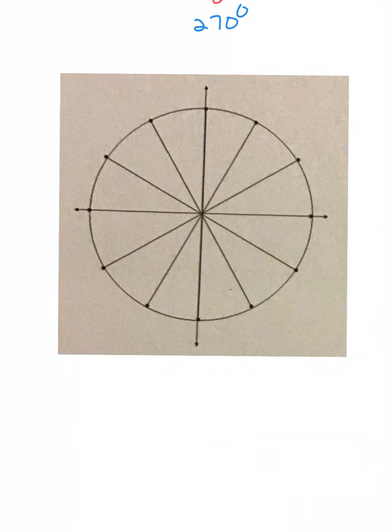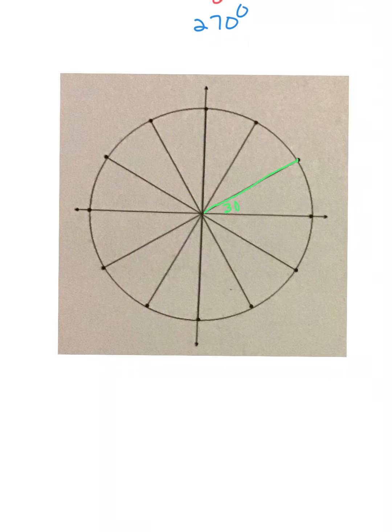Now that we know how each of those lines would be labeled, I want to go back to this figure again and just look at this first triangle that we could create. So if we were using this first line, which up above we just talked about was 30 degrees, what that means is that this angle is 30 degrees.